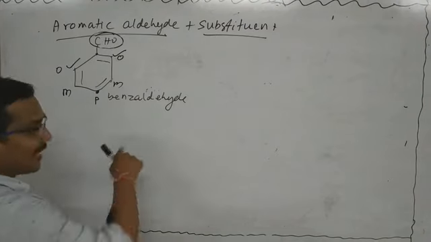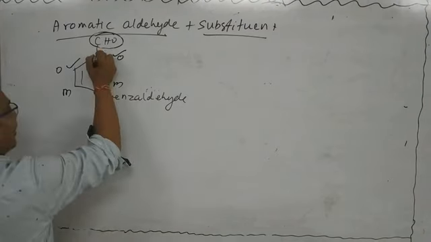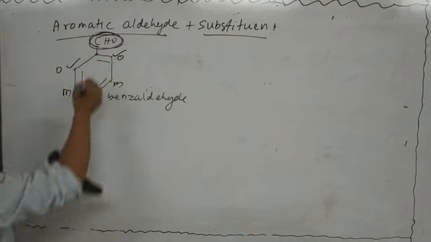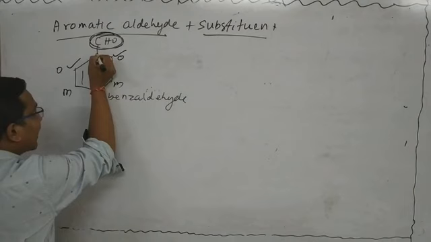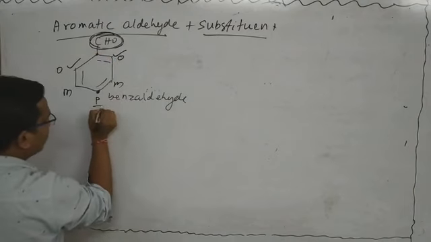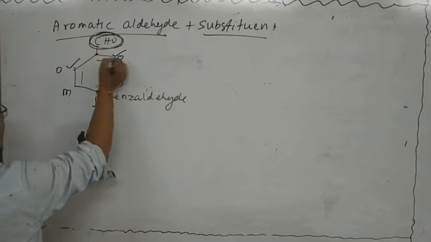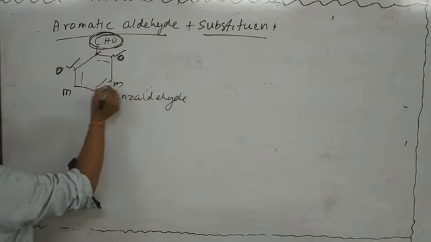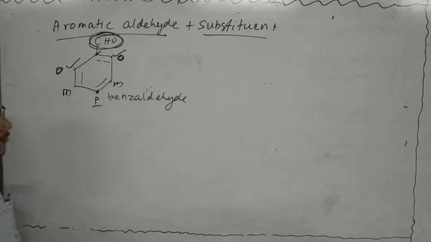Let me discuss this again. This is the carbon which contains the functional group, and this carbon is opposite to this carbon. So this is the para position, and these two carbons are adjacent to this carbon. That is ortho, and the remaining one is meta.